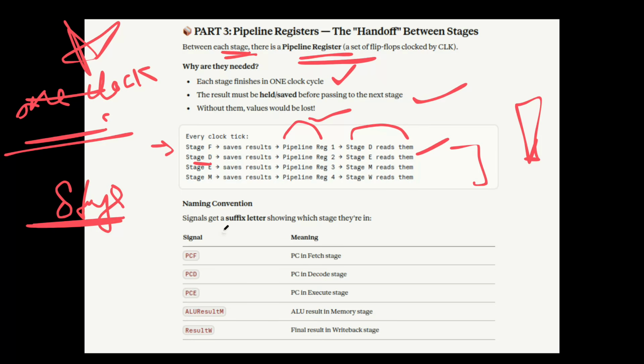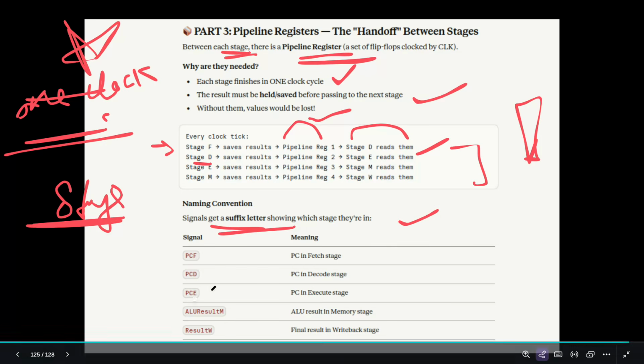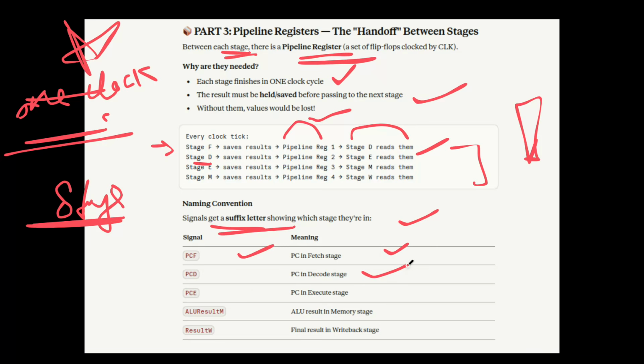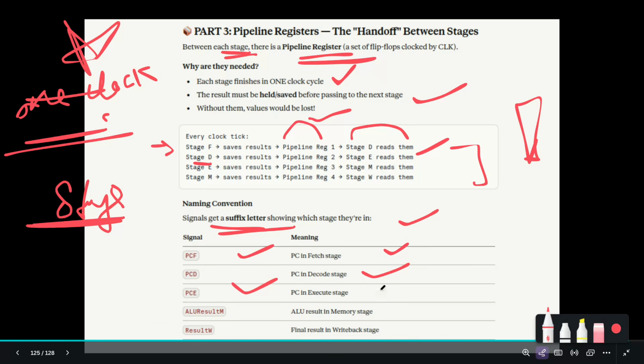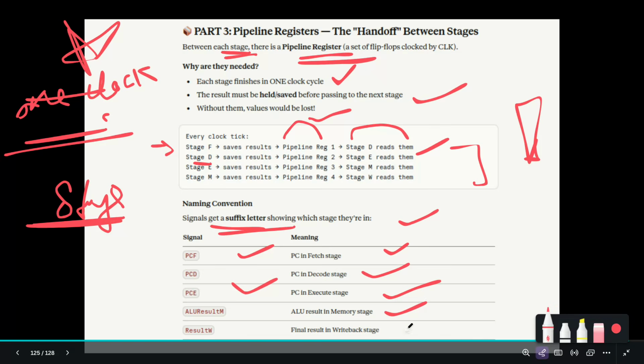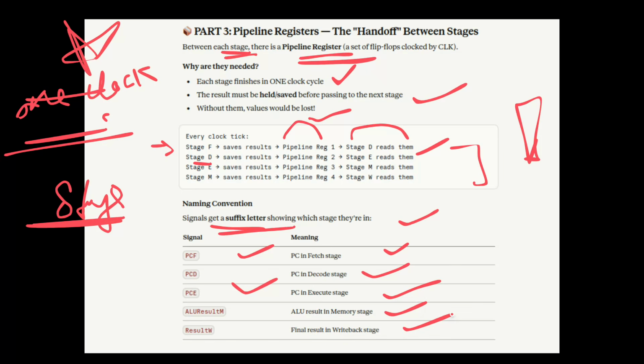Now, naming conventions. Signals get suffix letters showing which stage they are in. PCF means PC is in the fetch stage. PCD means PC is in the decoding stage. PCE means PC is in the executing stage. ALUResultM means the ALU result is in the memory stage; whatever the result is in the ALU goes into the memory stage. ResultW means the final result has gone to the write back stage.